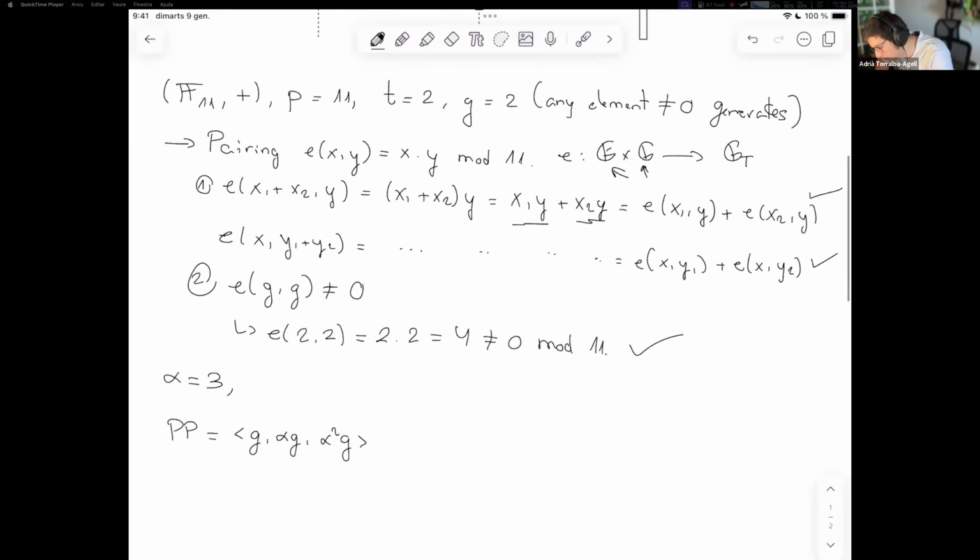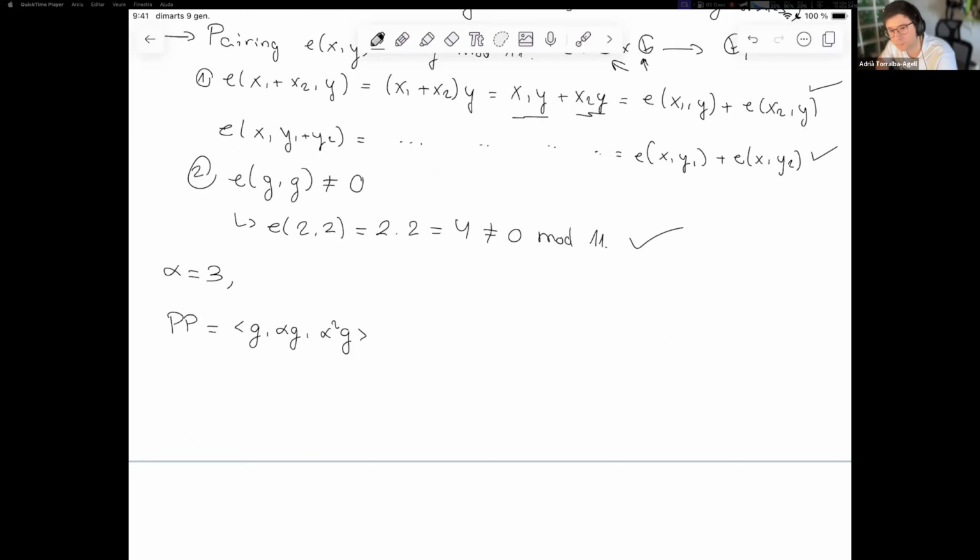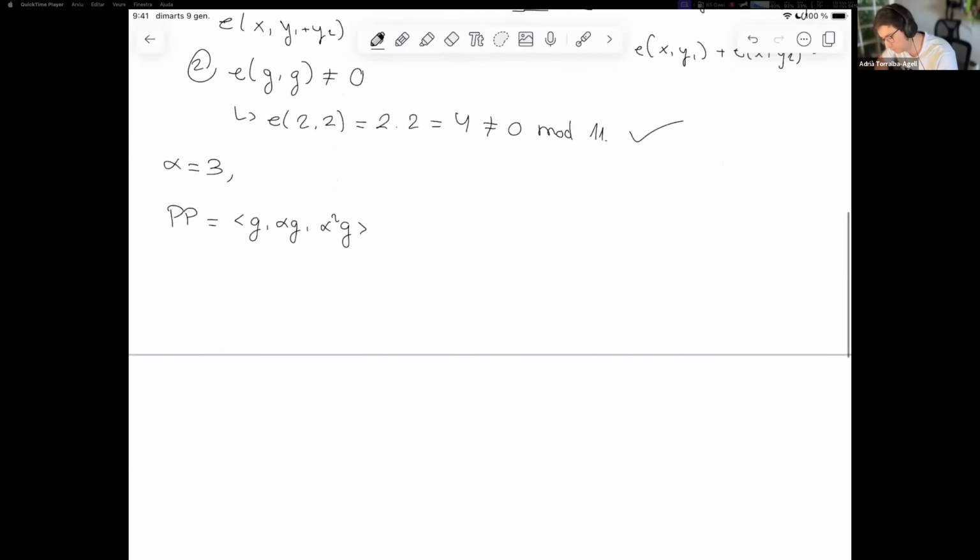Because T is 2. So we are going to allow committing polynomials with degree at most 2. Now, it's your turn. How are we going to do that?